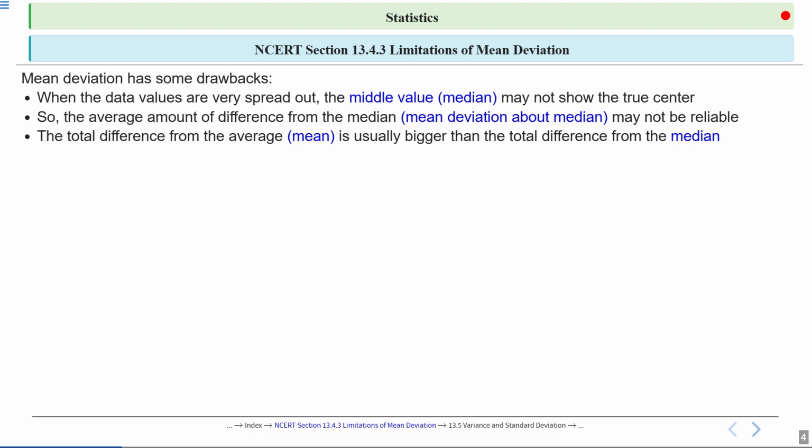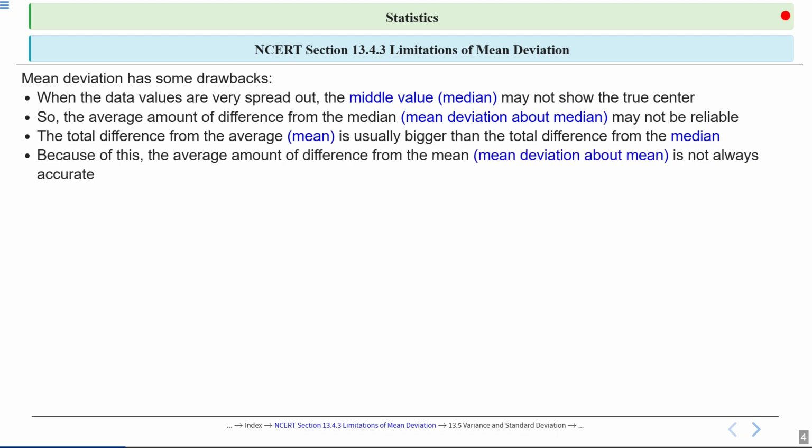This shows us that the mean can be more affected by extreme values or outliers, because the total difference from the mean is often bigger. The average amount of difference from the mean, which we call the mean deviation about the mean, is not always accurate.